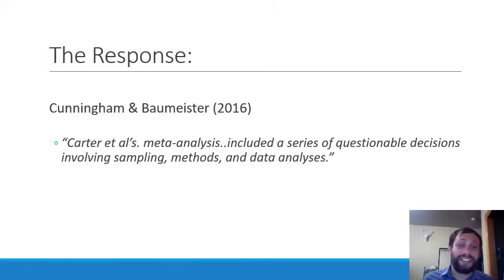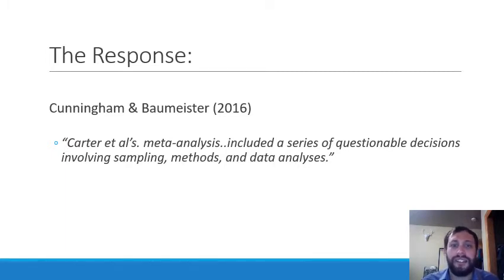But essentially, they were not very happy with this decision that was coming out of the meta-analytic reviews. And they said that they didn't think that overall these meta-analytic reviews were very good. They said that they overestimate the publication bias. These include a series of questionable decisions that involve sampling methods and data analyses.